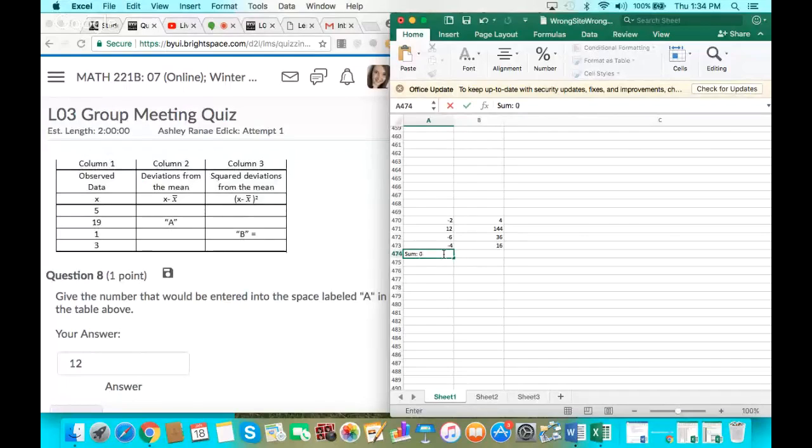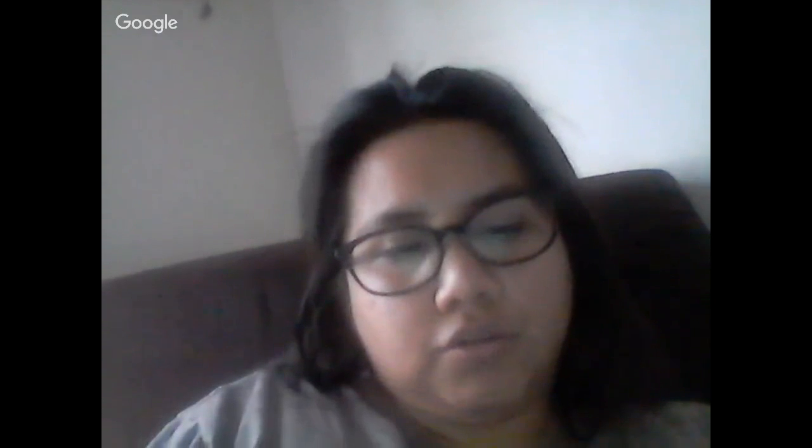Because negative 6 plus negative 2 is negative 8, negative 8 plus 12 is... Then 20, 164, 170, 200. Yeah, 200. And the 200 is the standard deviation, right?